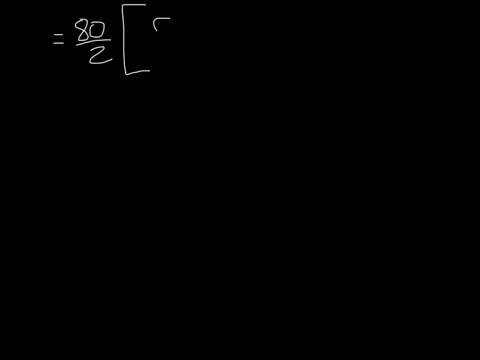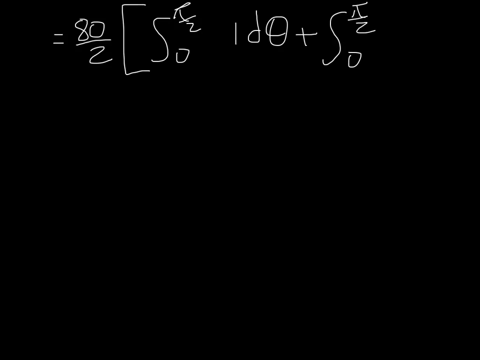Right, but I went back and relearned it. d theta plus integral of 0 to pi over 2 cosine 2 theta d theta.